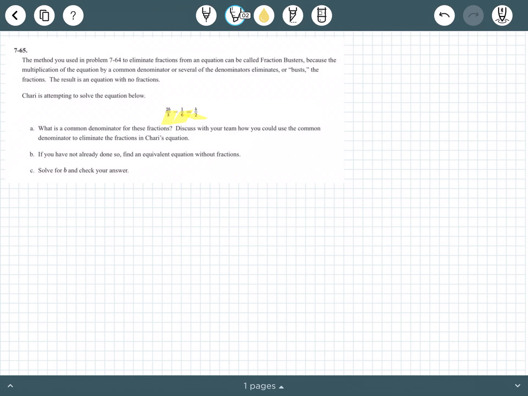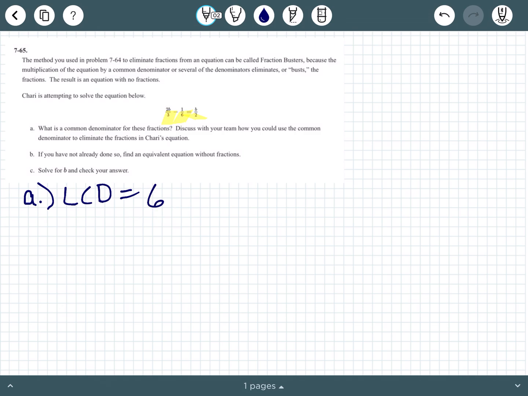When I see that, I know that we can multiply 3 by 2 to get 6 and 2 by 3 to get 6. So in this case, for part A, we would have a least common denominator of 6.